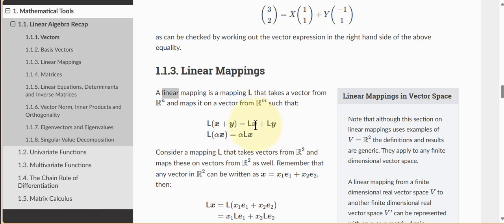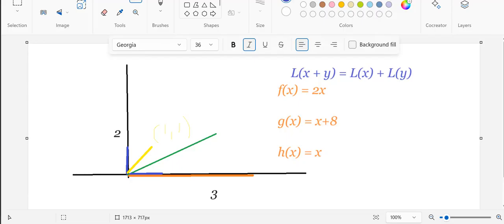And by the way, they don't put the brackets here. I guess it's just easier. Anyway, there should be brackets, L of x, L of y, but it's kind of nice not to have to put them there. So they just don't put them there. But it really means L of x and L of y. So anyway, L of x plus y is equal to L of x plus L of y.